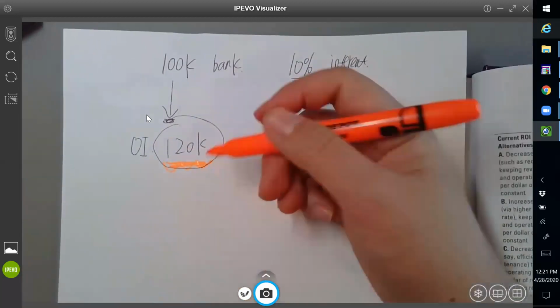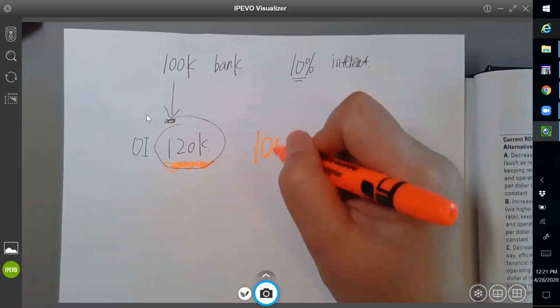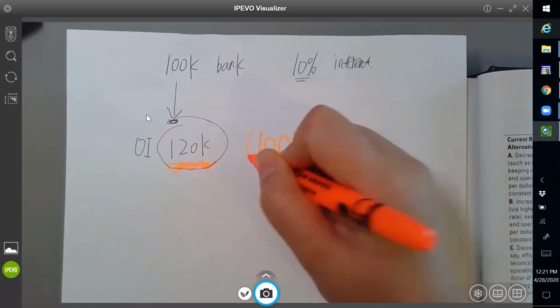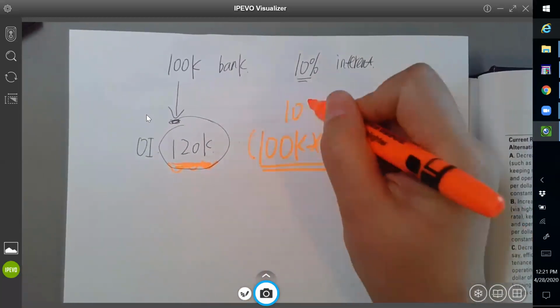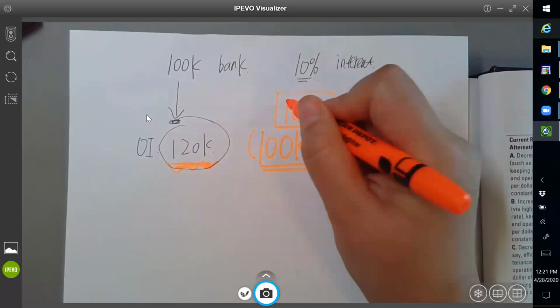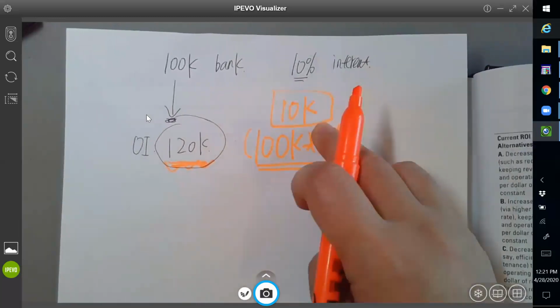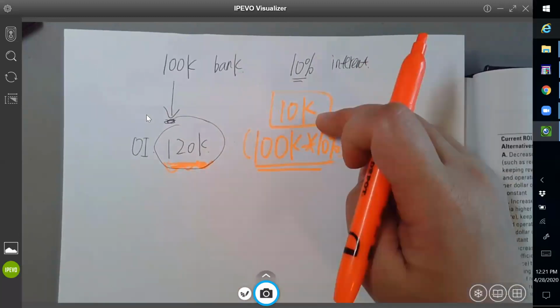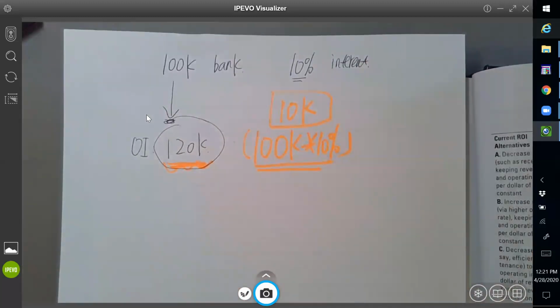The first thing you need to do is return 100,000 times 10% as interest to the bank. You have to first pay this 10,000 interest, right? So not all of the 120,000 belongs to you, because 10,000 is the first thing you need to pay your debt holder. The bank is waiting for you.